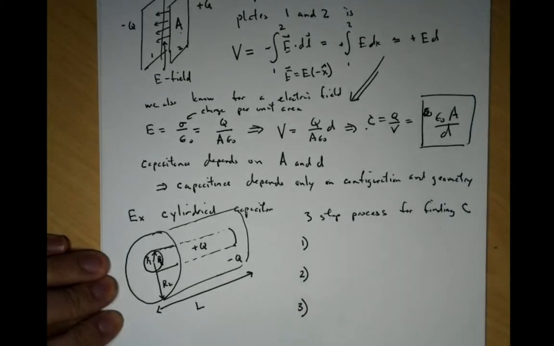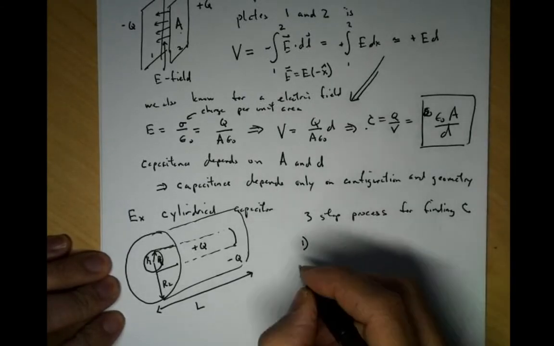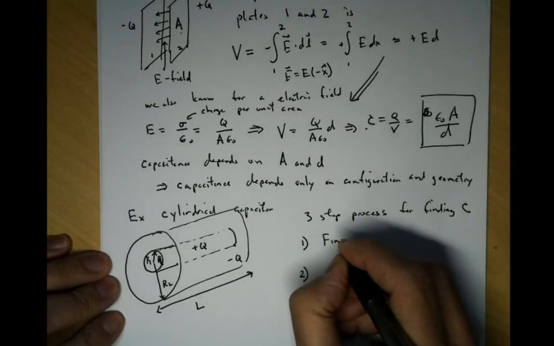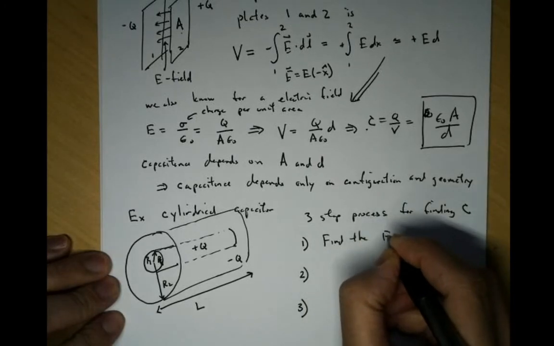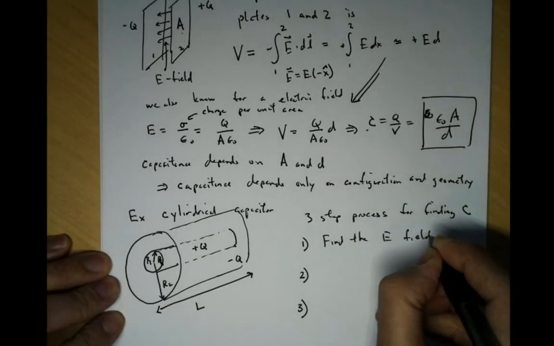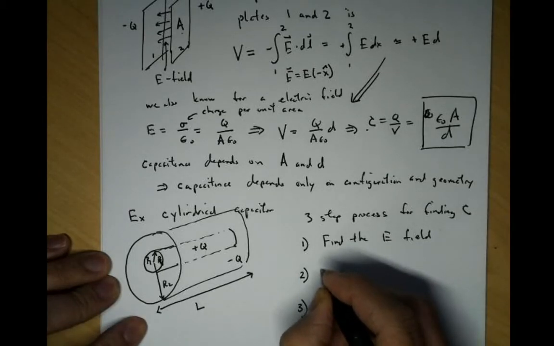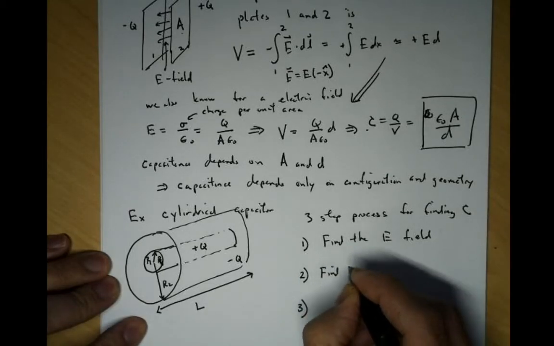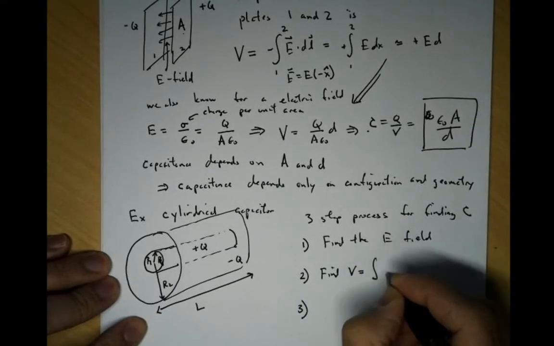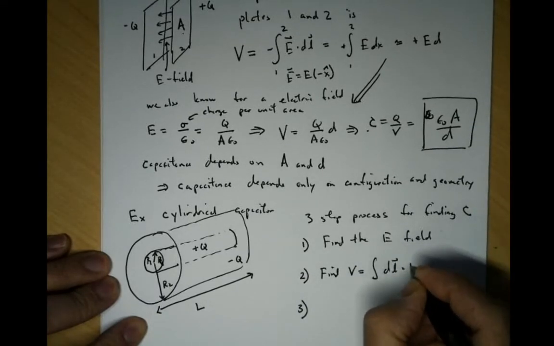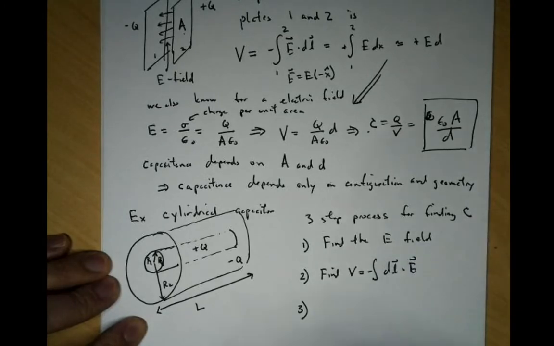The first one is to find the E field. The second one is to find V, equal to the integral of dl dot with E, with a minus sign technically.